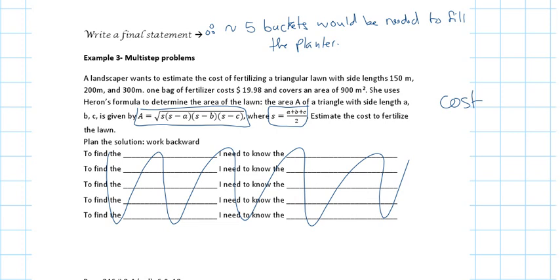The cost depends on how many bags, right? And to find how many bags, you need to know the area, and to know the area, you need to know s, right? So I want you to take your time and try to solve that problem. You can fill out this right here, and then we'll take it up together.